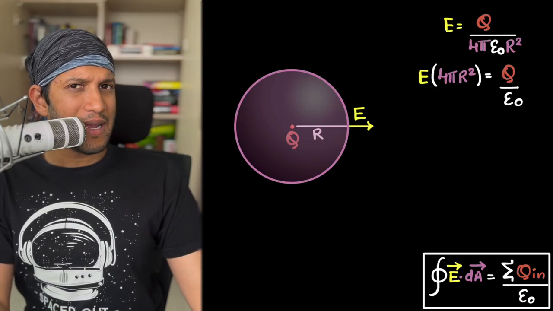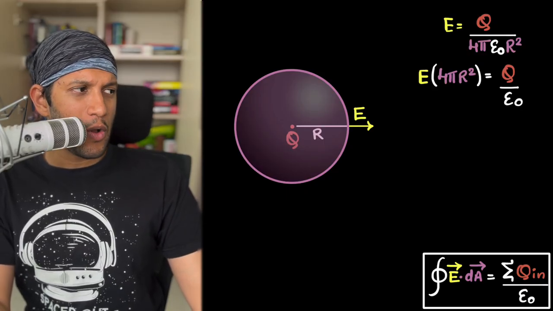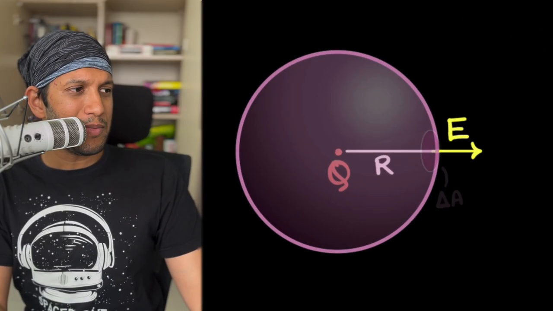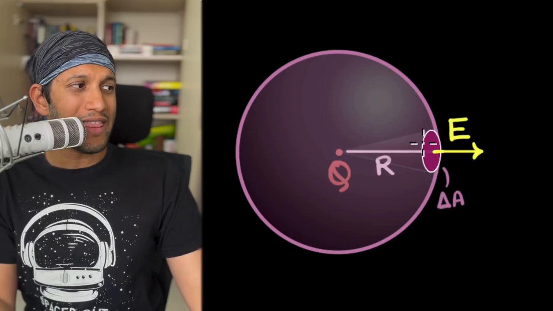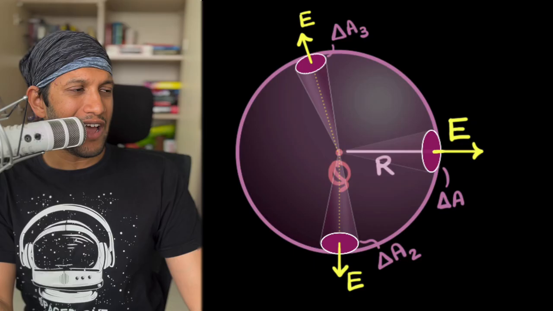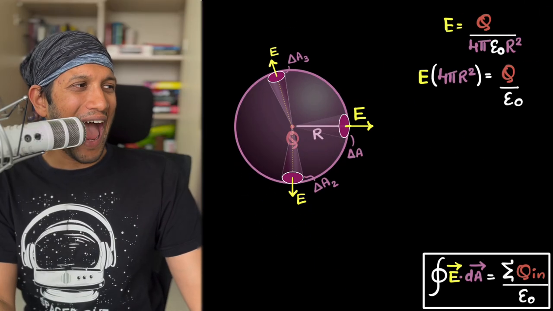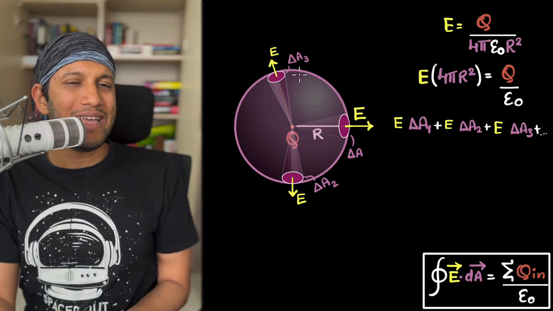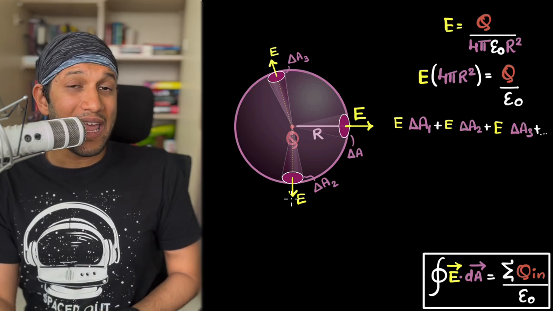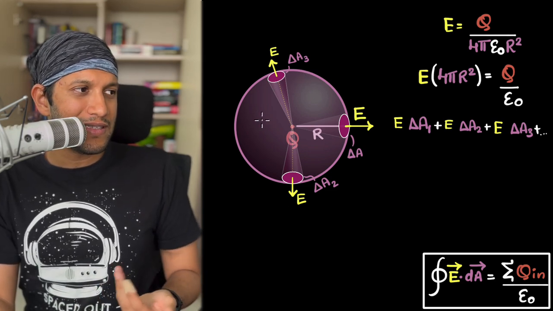Well, he says, Mahesh, maybe that's not what we are doing. Probably what we're really doing is multiplying the electric field with a tiny local area at that point, and then doing it over the entire sphere and adding them all up. It just so happens for our case, the electric field is the same everywhere on the sphere because the distance is the same.